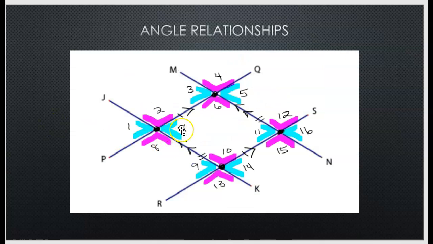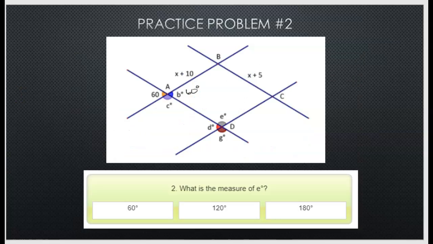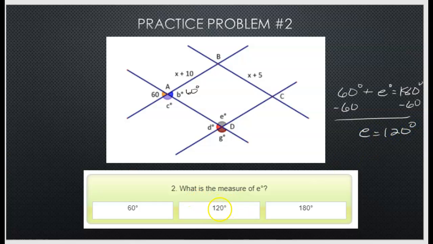So that would be the same as like your angle 7 and your angle 10, and you'll see that they're in different colors. So what that means is that those are supplementary angles. So if I were to write this out, I would say that 60 degrees plus angle E is 180 degrees because those are supplementary angles. And then of course you subtract 60 from both sides and we end up with E is 120 degrees. Okay, so this answer choice right here.